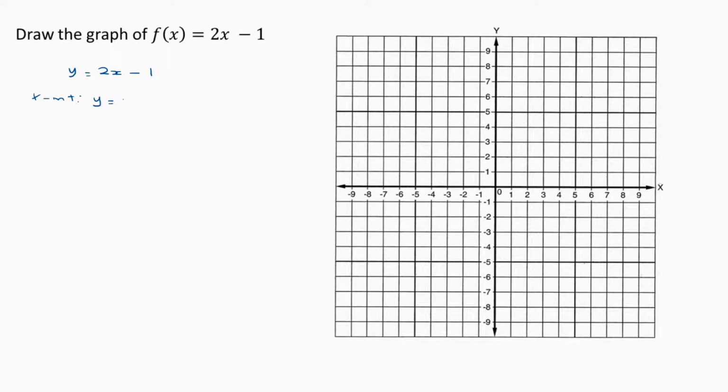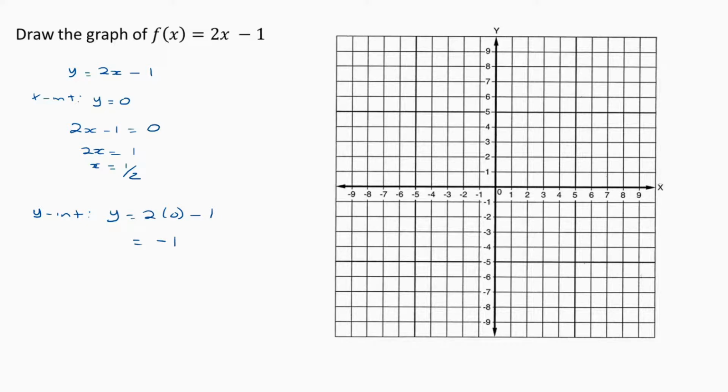So y equal to 0, which means 2x minus 1 equal to 0. So 2x equal to 1, x is a half. Then we look at the y-intercept. The y-intercept is when x is 0, so y equal to 2 times 0 minus 1, which is equal to minus 1.